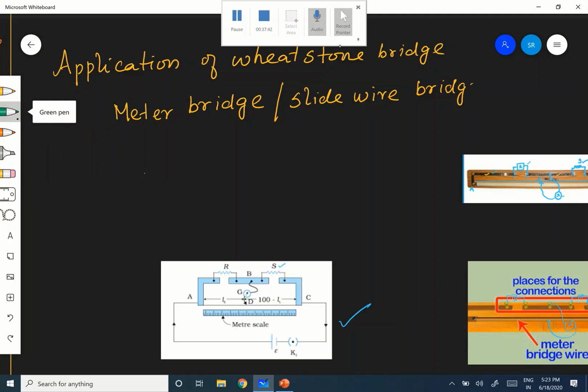PQ, that is two wires AB, and it is connected to it. Is it clear? Here, what is added here?